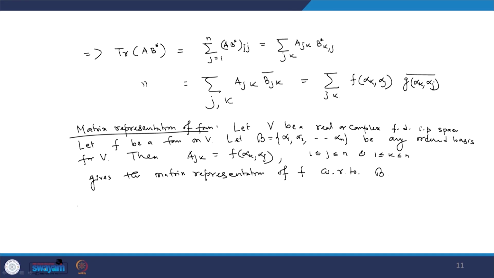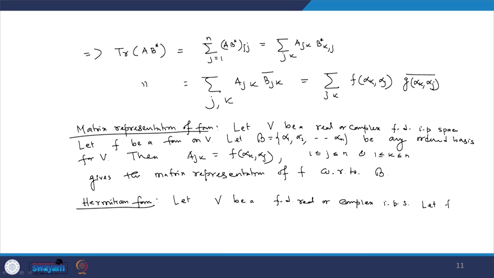Let me define another terminology called Hermitian form. Let V be a finite dimensional real or complex inner product space.